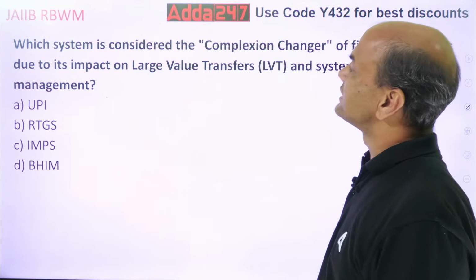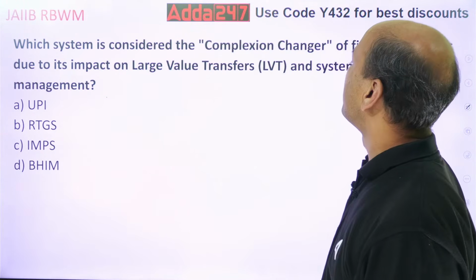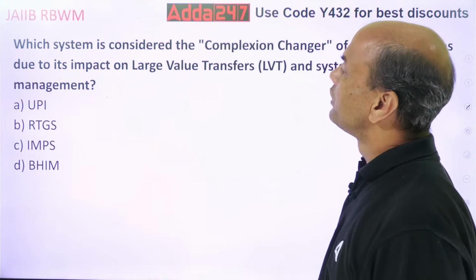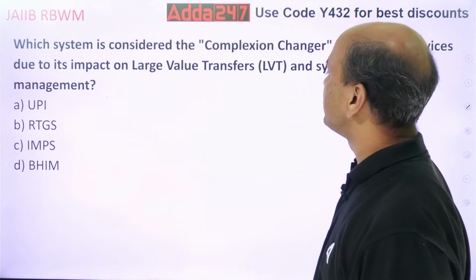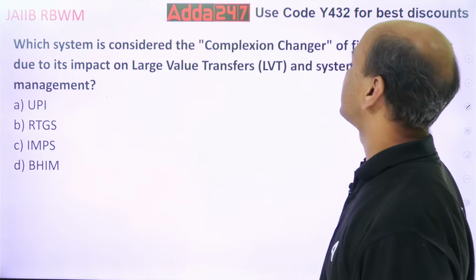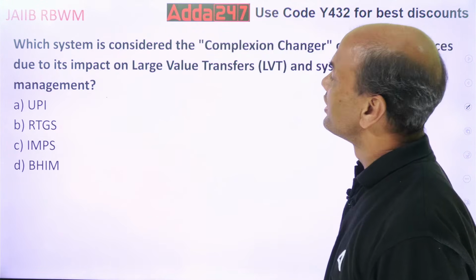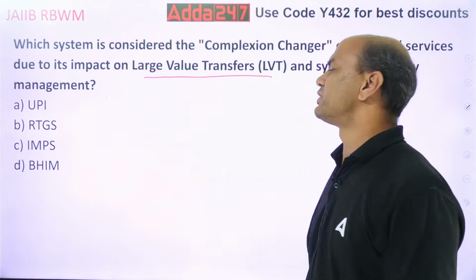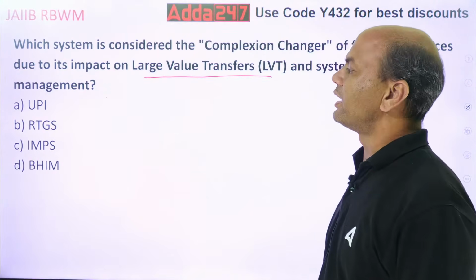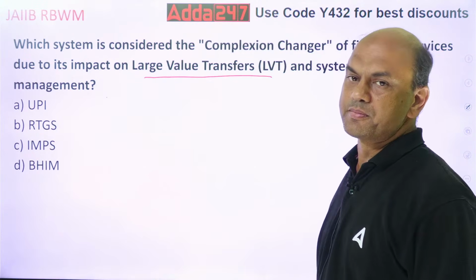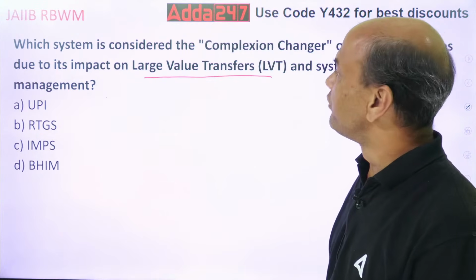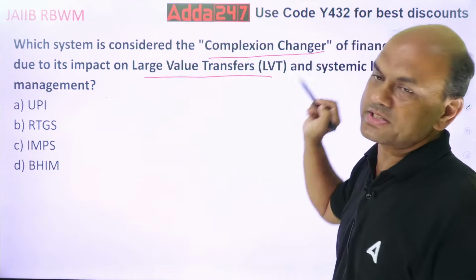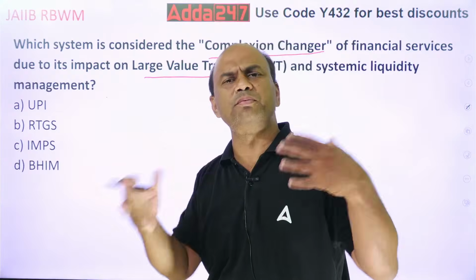Which system is considered the complexion changer of the financial services due to its impact on large value transfers and systemic liquidity management? See, large value, this is the hint. Large value transfer, UPI, RTGS, IMPS, BHIM. Complexion changer means altogether game changer.